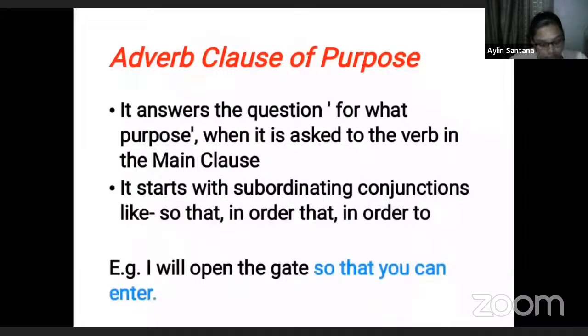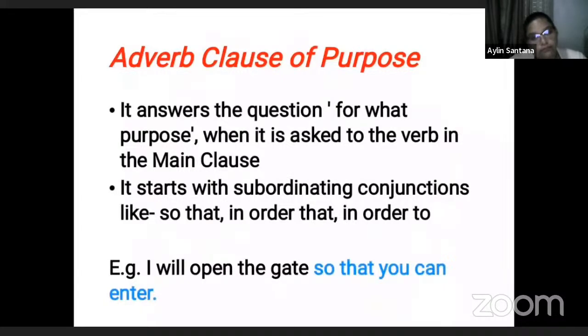Here I will open the gate is a main clause, and so that you can enter is a subordinate clause.